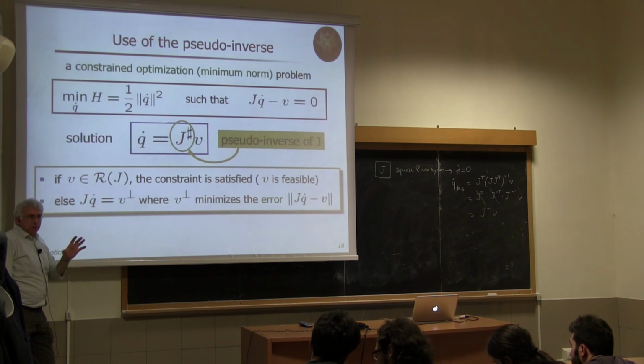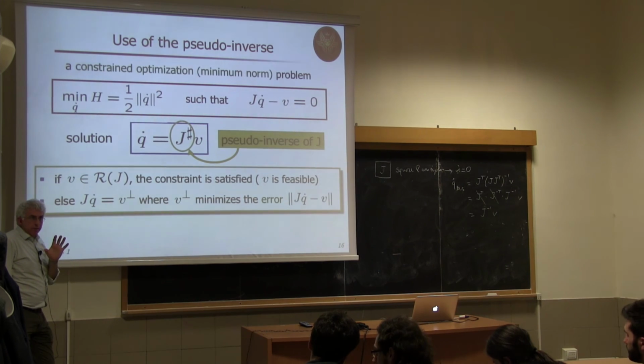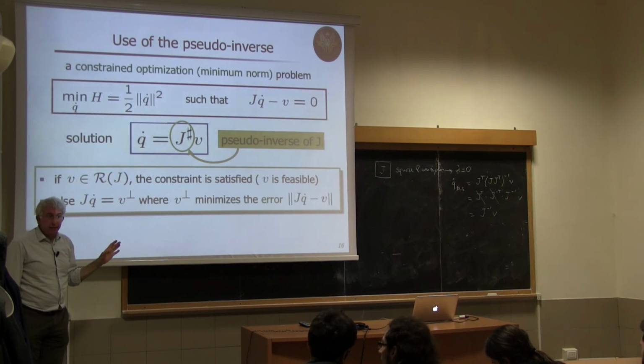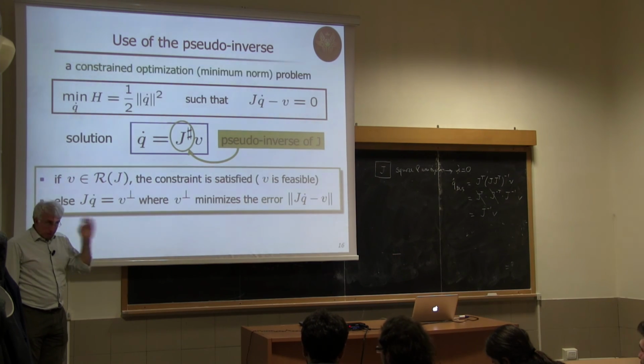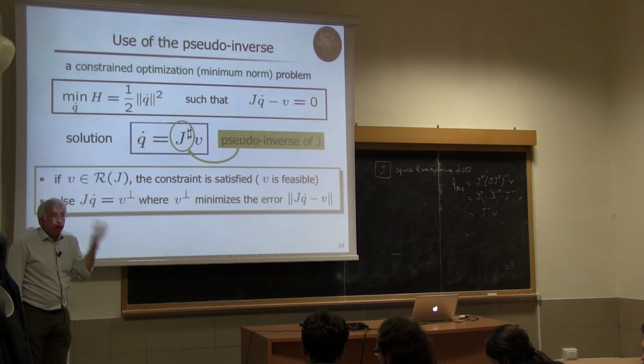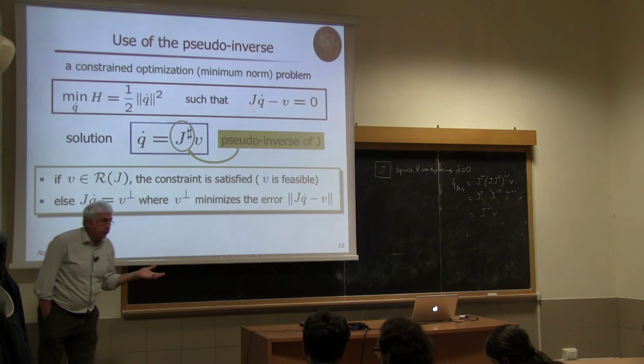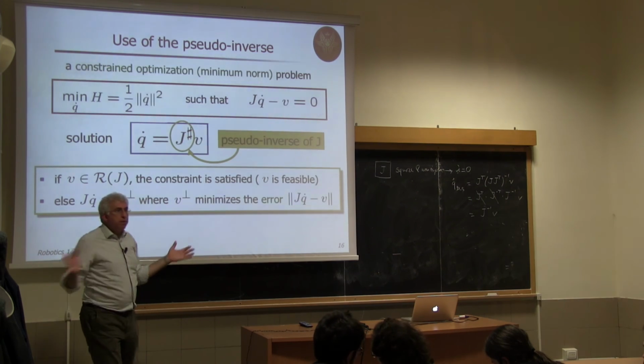If we have full rank, no matter if J is square or non-square, then we don't lose mobility of the end effector. This means that whatever v we choose to realize, so whatever Cartesian velocity we would like to realize, this belongs to the range space of J. Okay? So it can be realized.